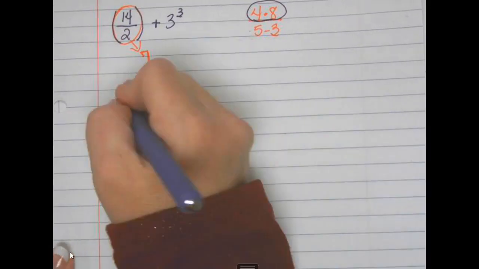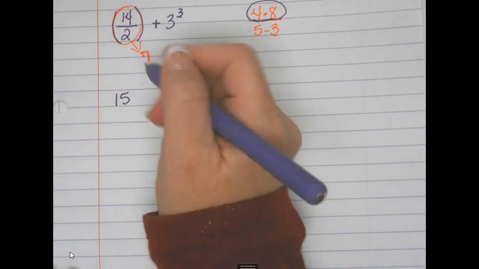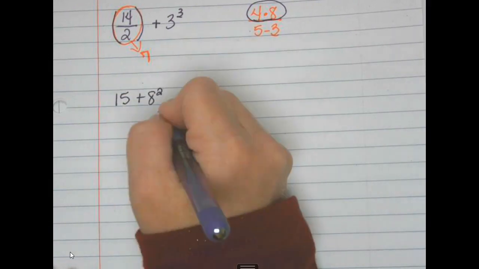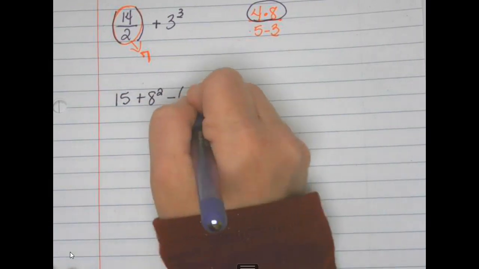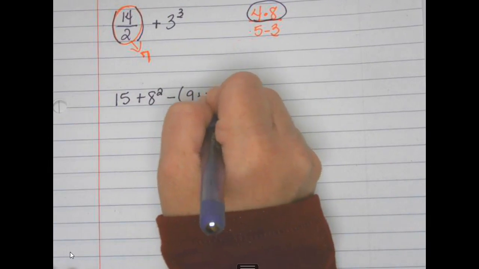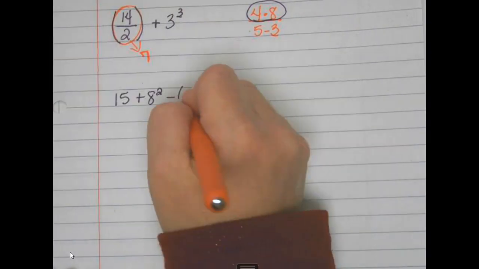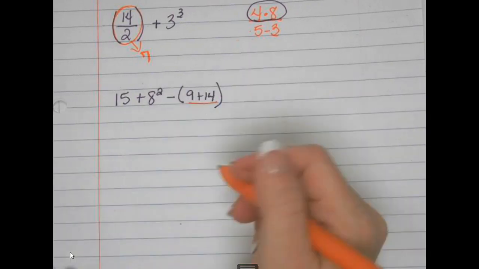Okay, so let's try out some of them. 15 plus 8 squared minus the quantity 9 plus 14. What am I going to do first? 9 plus 14 is what?